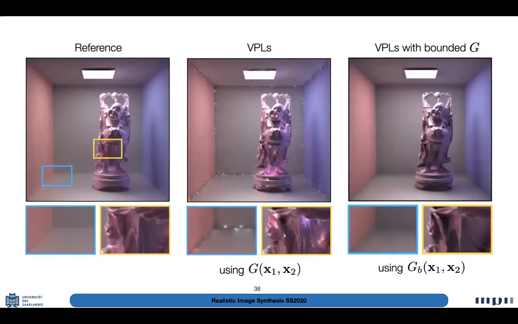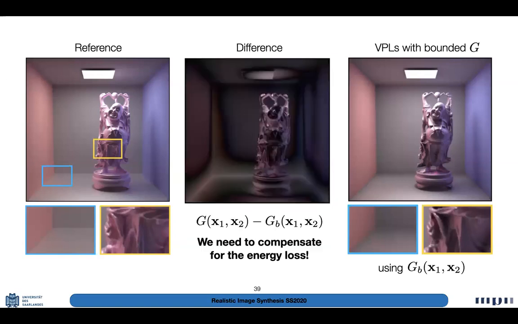So on this image, on the left side, you have the reference. In the middle, you have the VPL, which we just saw. And on the right, you could see what happens when we bound the G there. You can observe that if we take the difference of these two images, the reference and the corresponding bounded VPL rendered image, you see that near the boundaries, this difference image is bright, which means that there the difference is large.